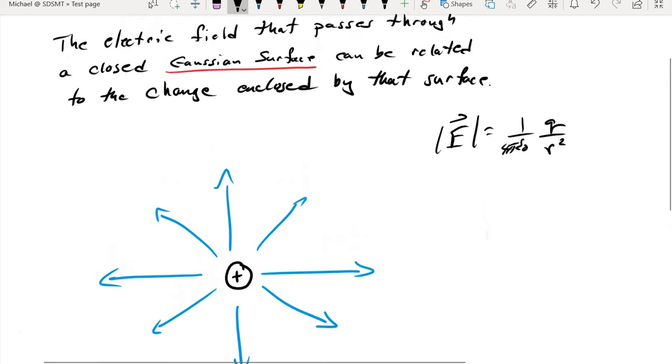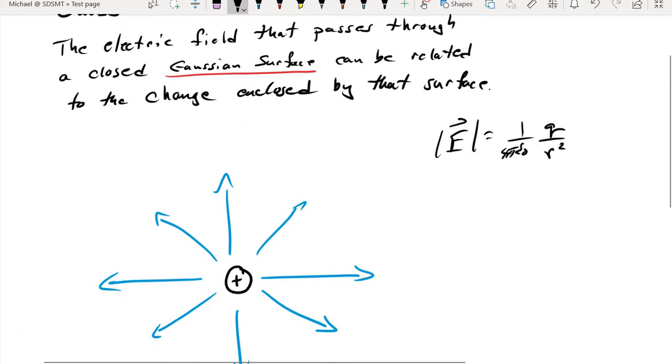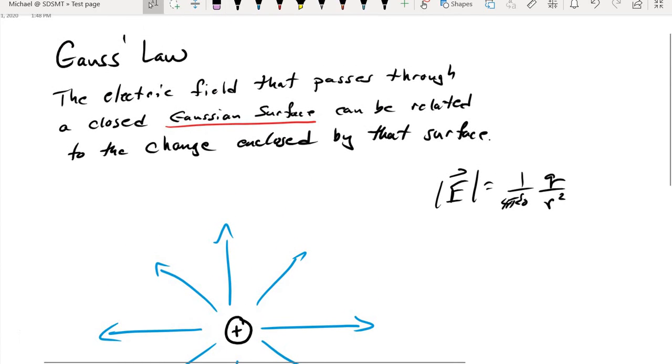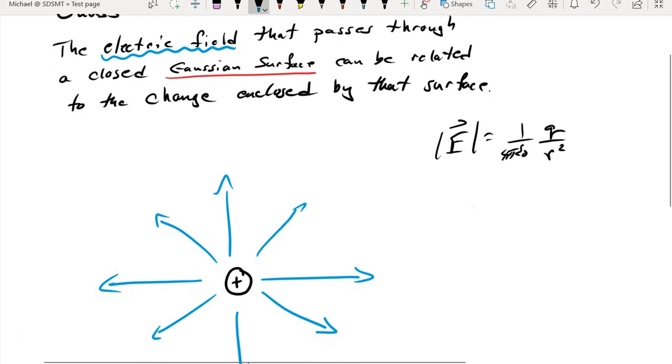Well, Gauss said, since we have that charge, and since that charge is producing all of these electric fields, let's contain it. Let's put a container around this charge, and then we'll look at how those electric fields pass through the surface of that container.